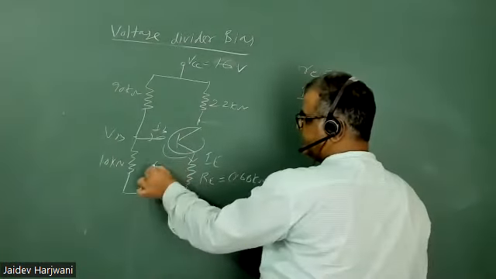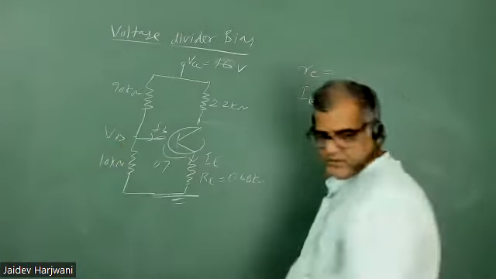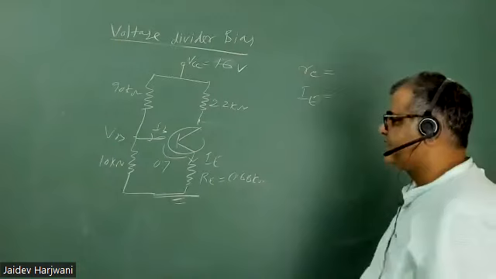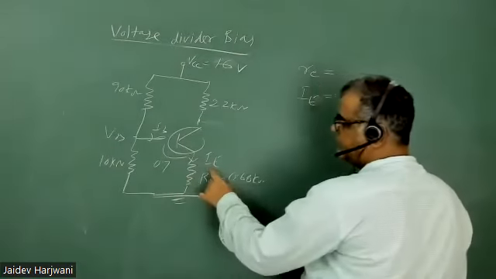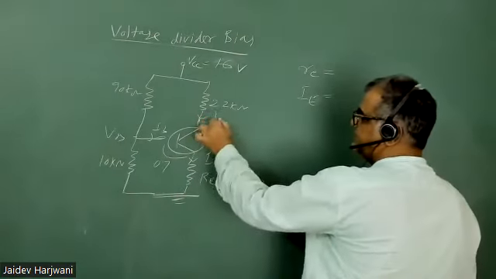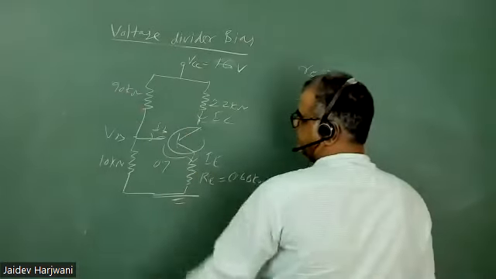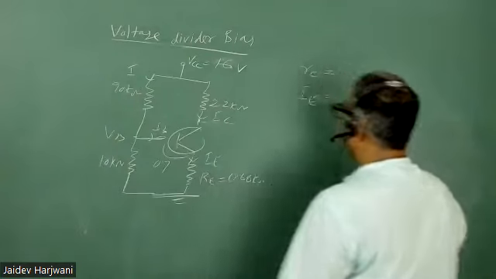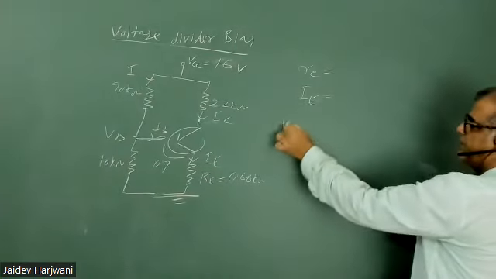This VB is 0.7. Once you know the VB, you can find VE, and once you know the VE, you can easily find IE. So first find VB.